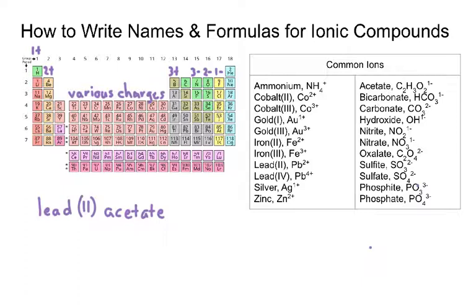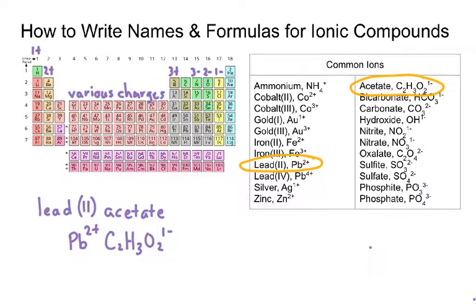Our next example is lead-2 acetate. Lead-2 is Pb2+, and acetate is a polyatomic anion consisting of 3 elements, carbon, hydrogen, and oxygen. Its formula is C2H3O2 1-. Like before, the charges don't balance out if we just have one cation and one anion.